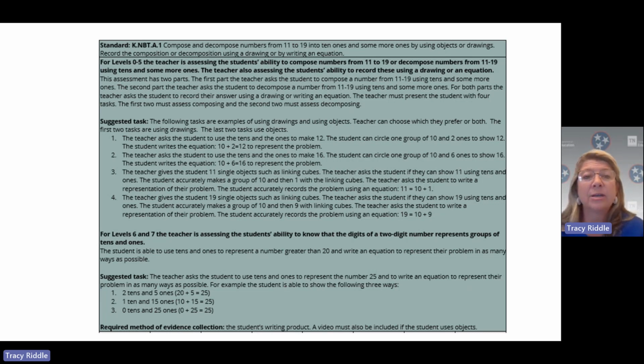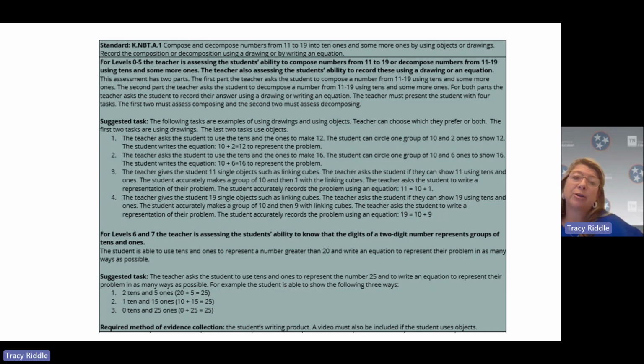To assess this standard, the teacher is assessing the student's ability to compose numbers from 11 to 19 or decompose numbers from 11 to 19 using tens and some more ones. The teacher is also assessing the student's ability to record this using a drawing or an equation.